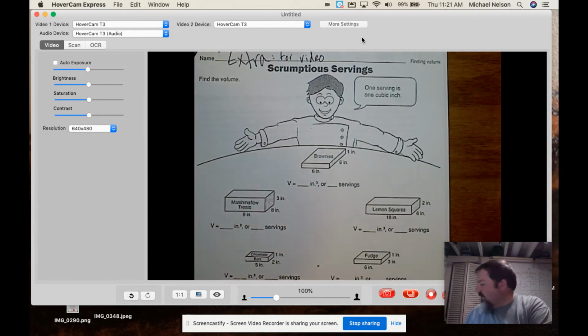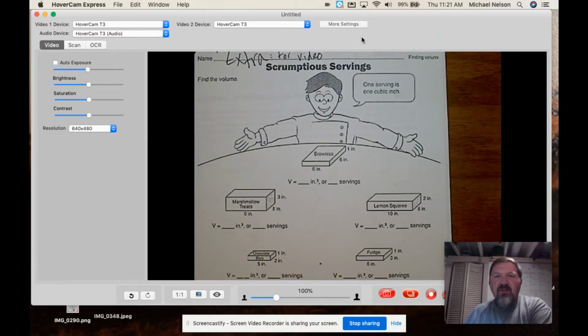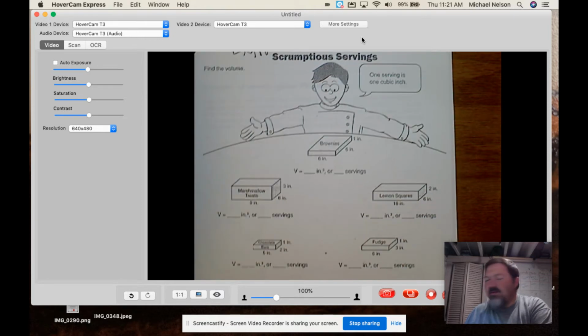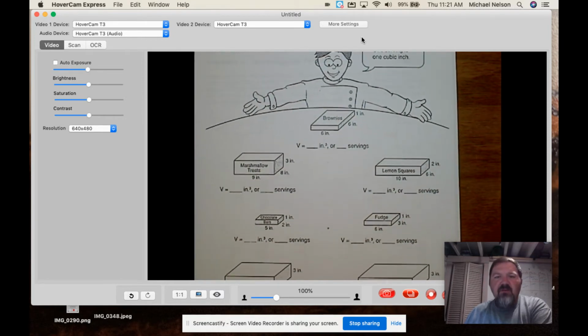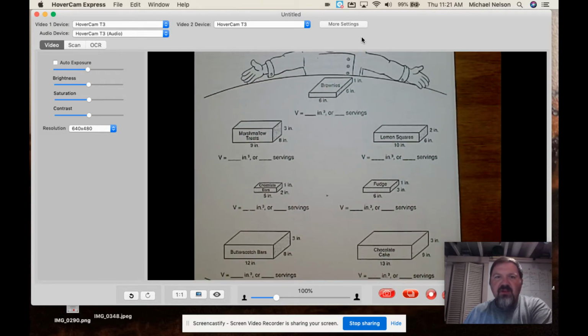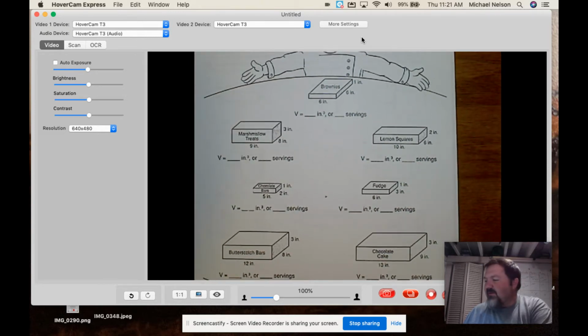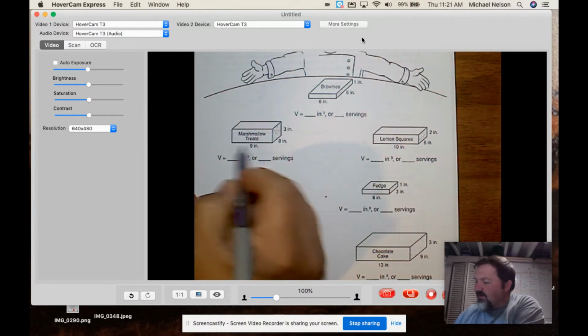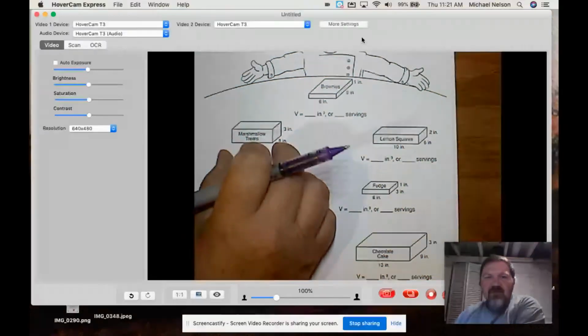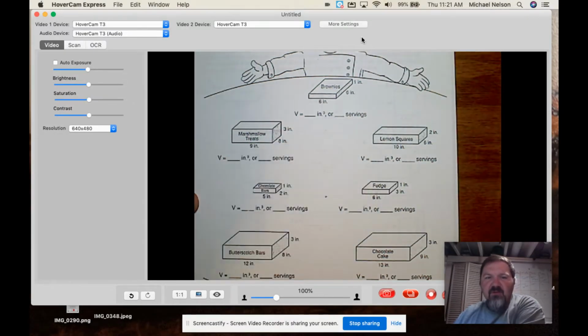I pulled it out of a magazine for math teachers that was around for a while, and it used treats, chocolate bars, fudge, lemon squares, chocolate cake, marshmallow treats as their rectangular prisms. These are what these are, rectangular prisms. They're like cubes, but stretched. They're based on rectangles instead of squares. Cubes are based on squares.